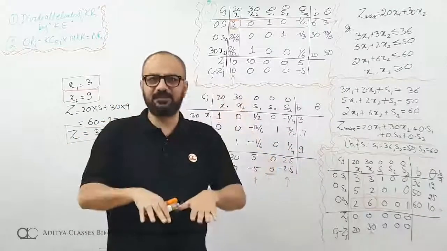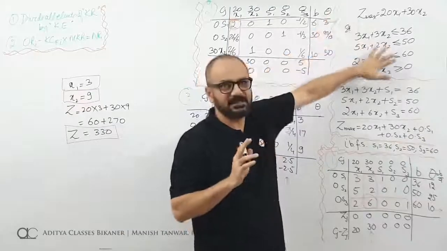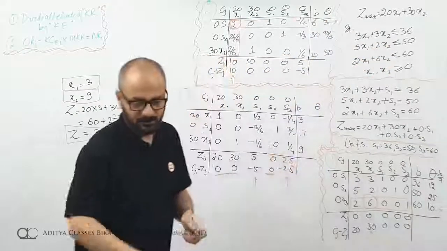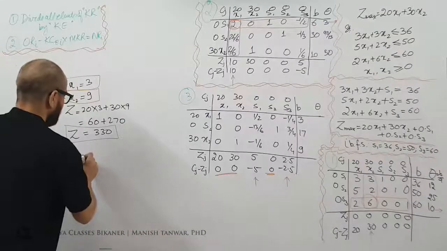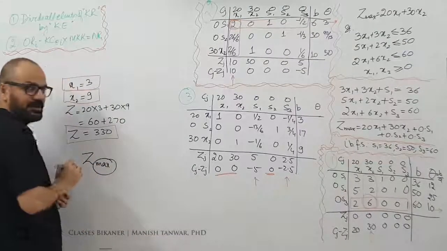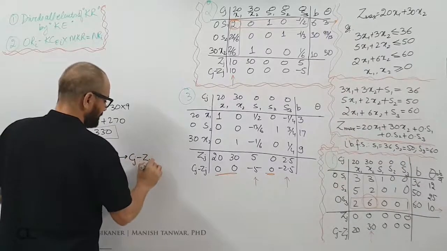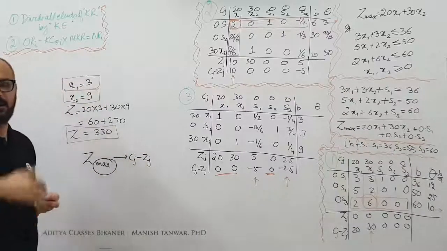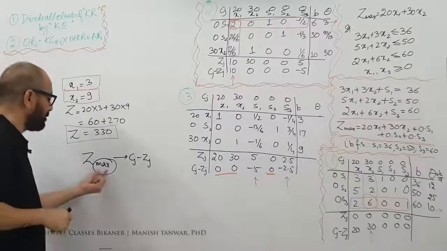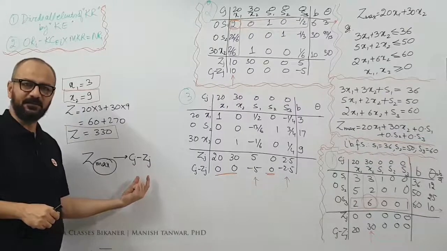What we have learnt up till this point: maximization with less than. What is this max doing? This max is doing only one thing, Cj minus Zj. In the scheme of simplex, this max is only used to identify Cj minus Zj.